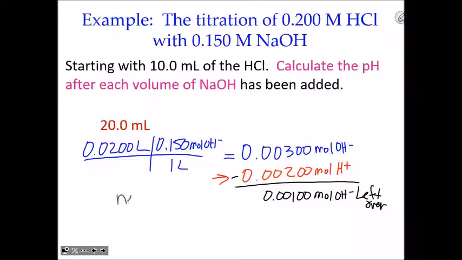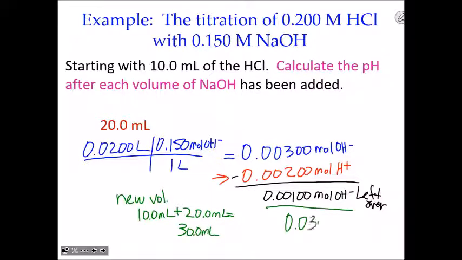The new volume. So we have our 10 milliliters of our original acid, plus the 20 milliliters of the base that was added. So that's a total of 30 milliliters in there. So we divide this by the 0.0300 liters. This is going to give us our concentration of hydroxide.